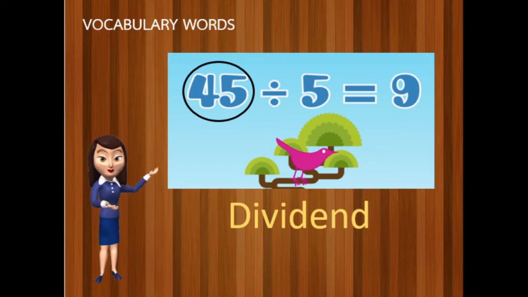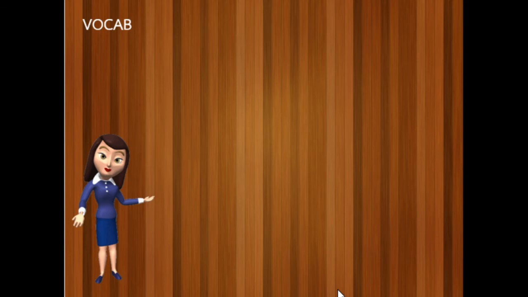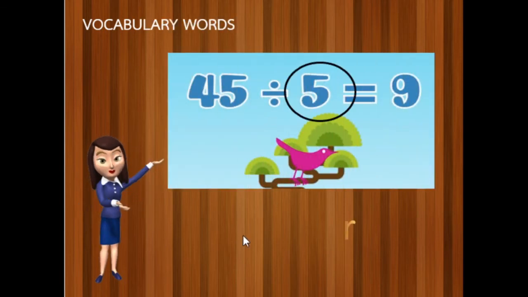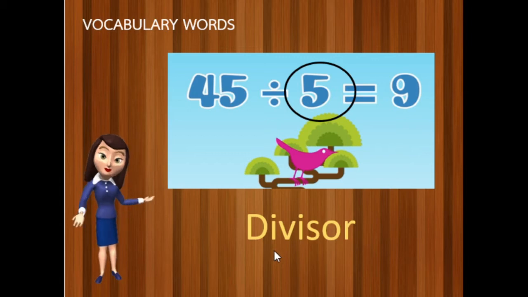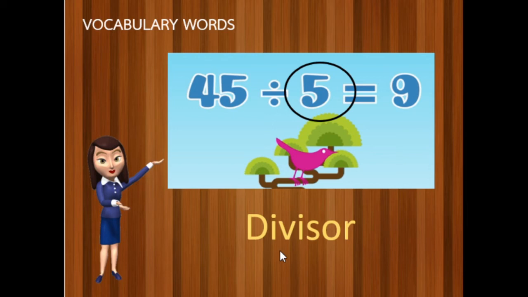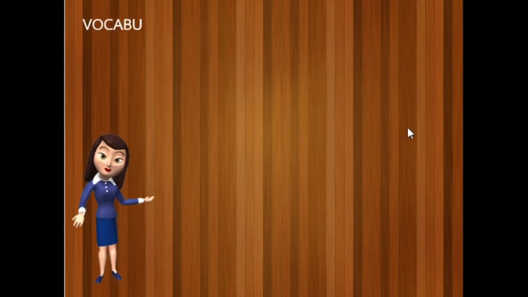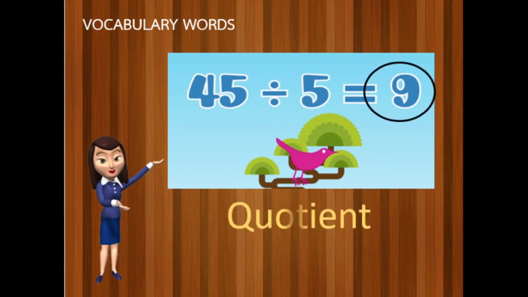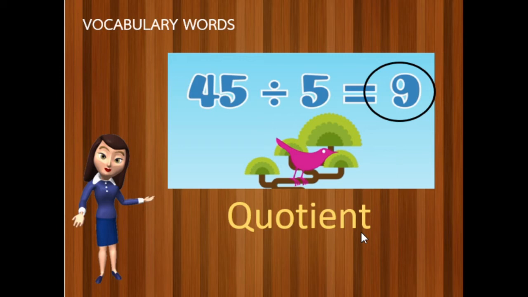Good job. Next, still the same equation. Number 5 here is our divisor. Say it. Divisor. Good job. And lastly, number 9 is the answer, or what we call the quotient. Quotient. Repeat after me. Quotient.